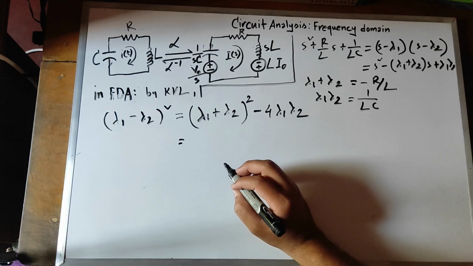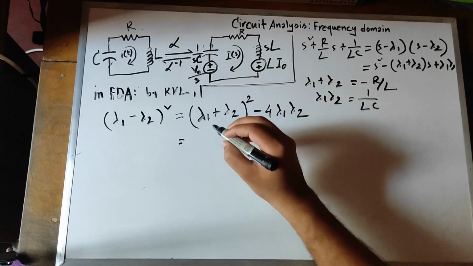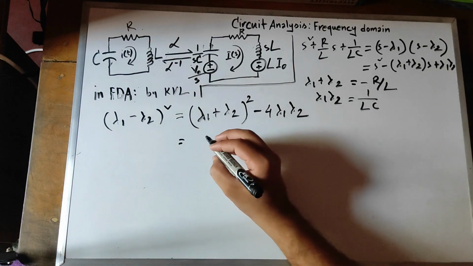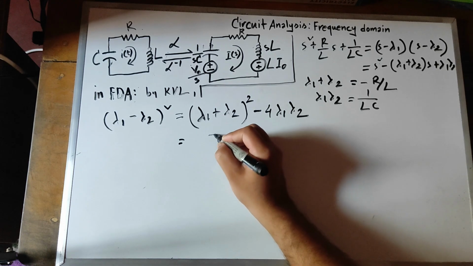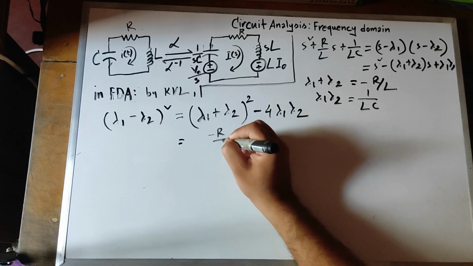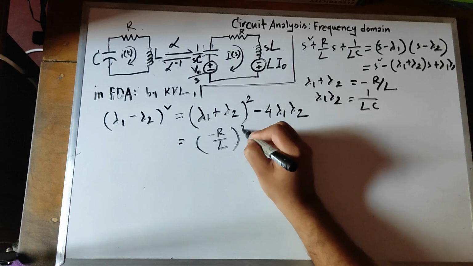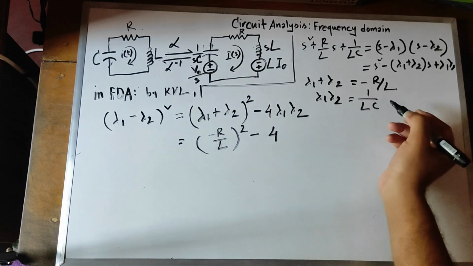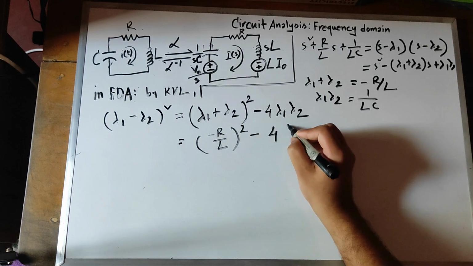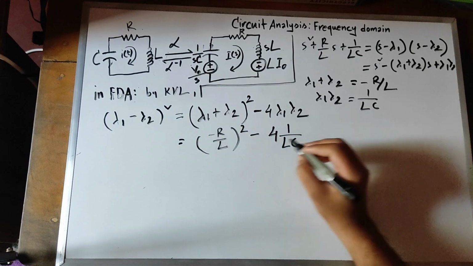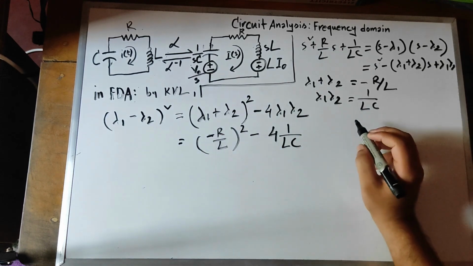Now, lambda 1 plus lambda 2 is minus R by L, so minus R by L whole squared, minus 4 lambda 1 lambda 2, which is 4 times 1 by LC.